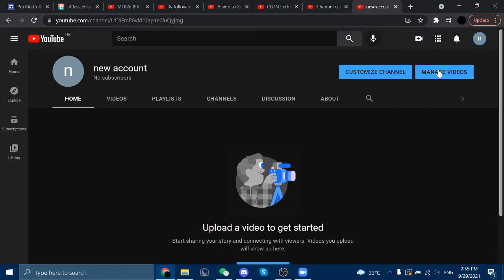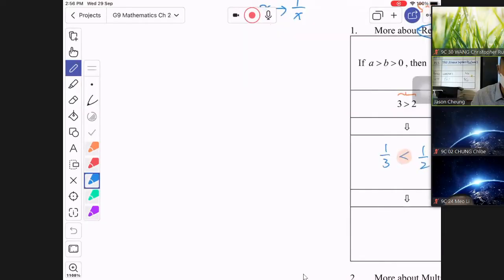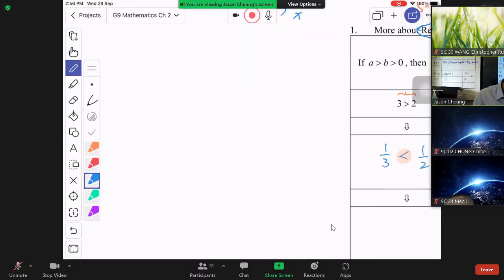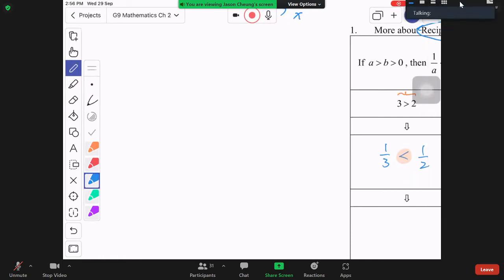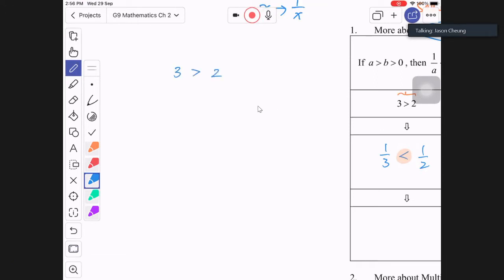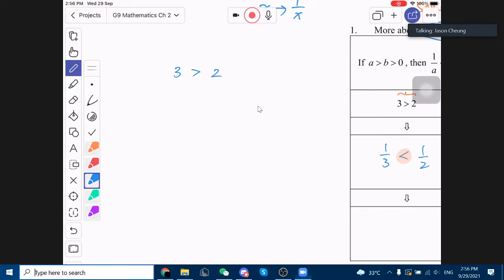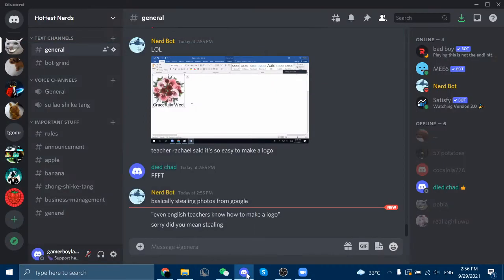All right, let's go back to a very, very simple example here. Let's say 3 is greater than 2, right? Yesterday we compared 1/3, 1/2, and then 30 and 20.